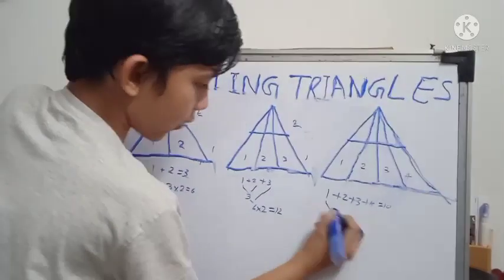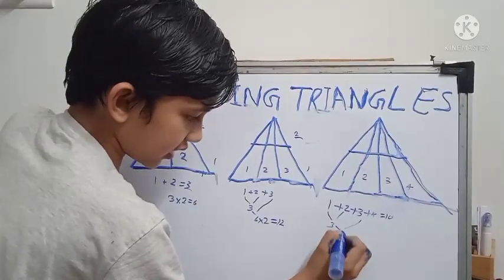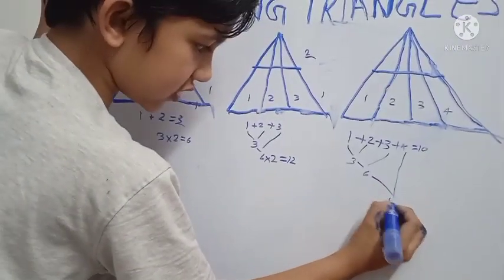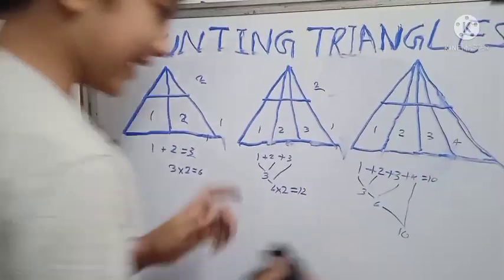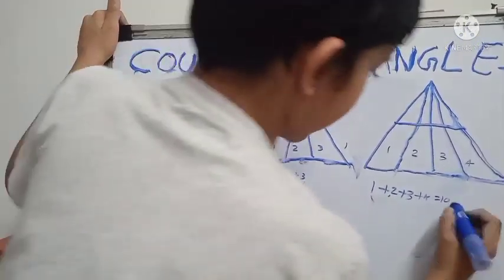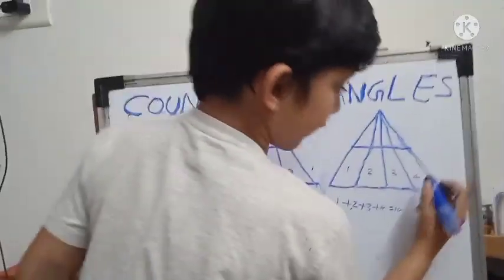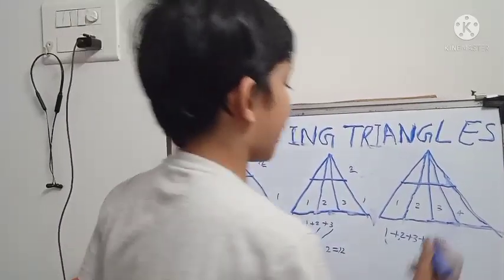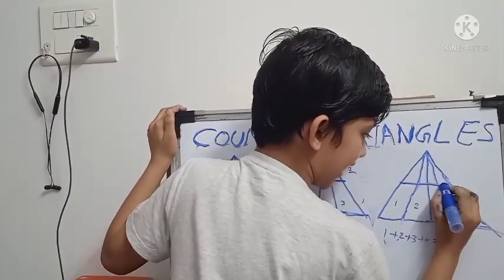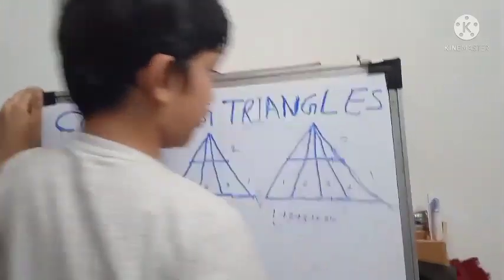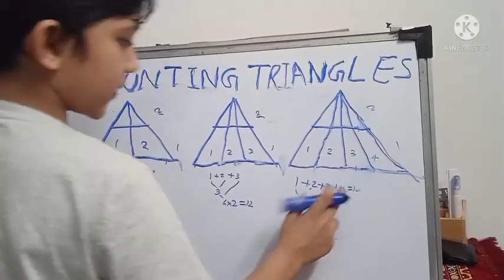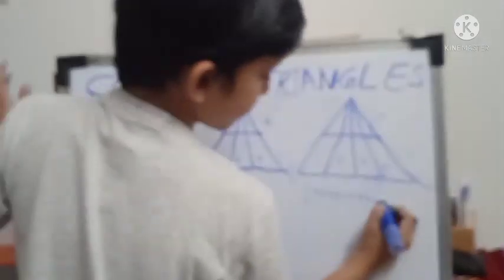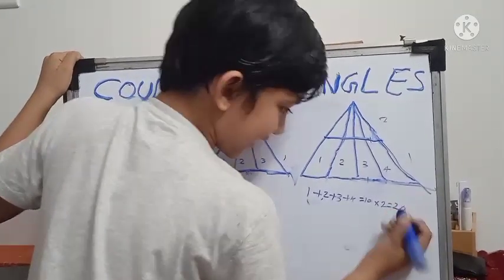But how? So 1 plus 2 is equals to 3. Then 3 plus 3 is equals to 6. Then 6 plus 4 is equals to 10. It is easy. We got 10. But I haven't put in the second step of the formula, which is calculating the number of horizontal lines. It is 1 and 2, means 2 is the highest number. So we will multiply the answer 10 with the 2, which will make 20 the answer.